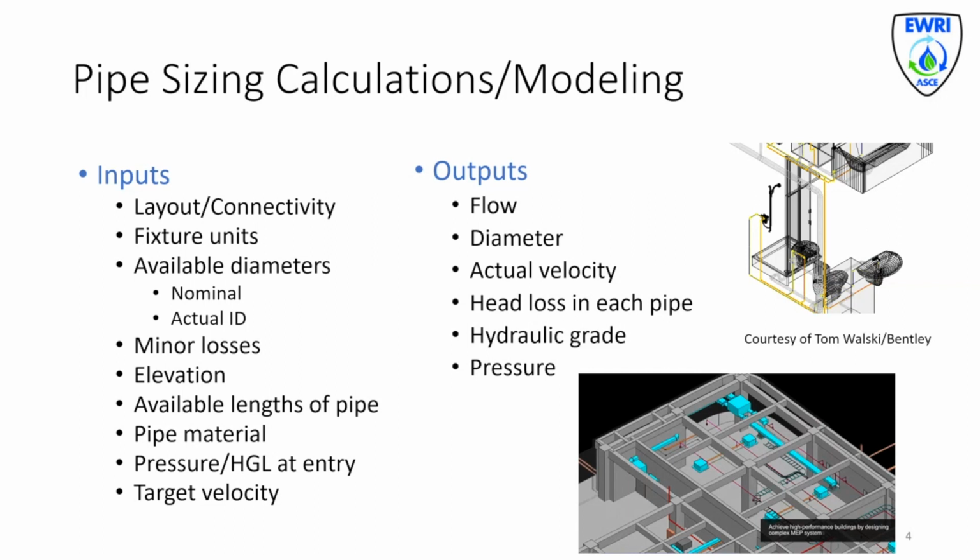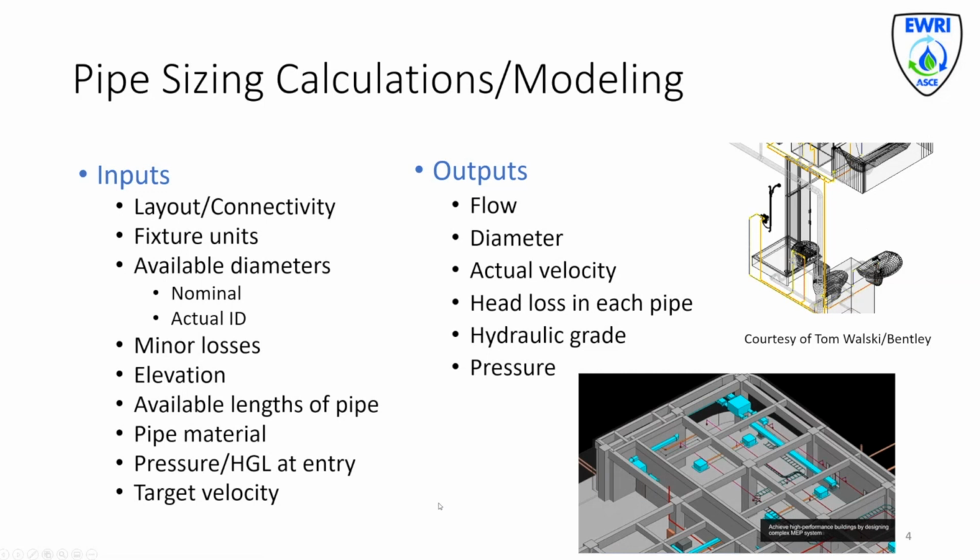We also use inputs about the pipe materials, the diameters of the pipes, the available lengths of pipes, the pressure and the target velocity, the elevation of all the different components. And then the outputs of these methods are things like the flow in the system, the diameter of the pipes that you're selecting, the actual velocity and head loss, and hydraulic grade and pressure that you'll achieve. Here are some nice figures of some different design software.